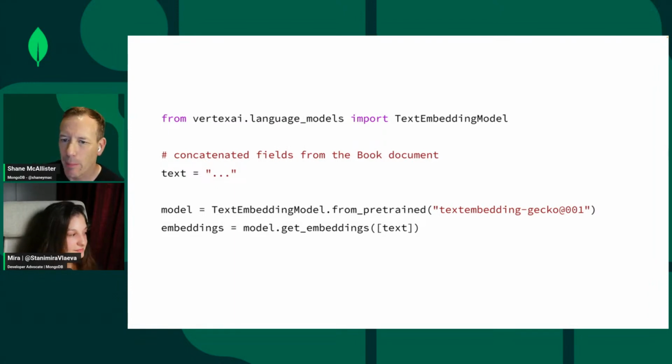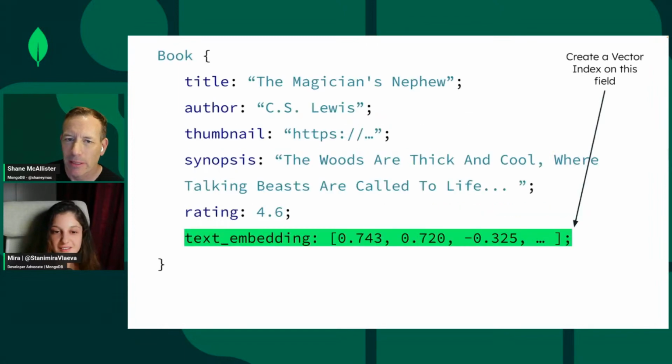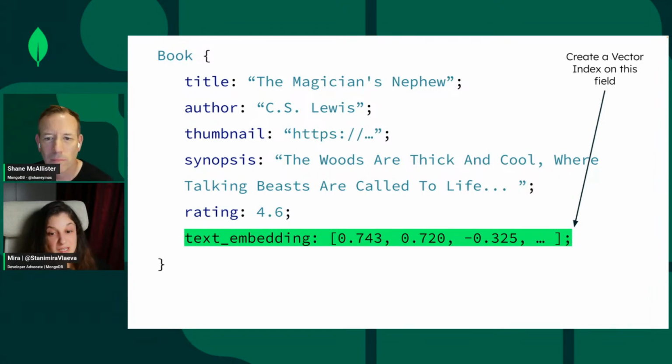So, next step. We generate the vector and then we put it back into our document. As I said, the vectors in MongoDB live right along the rest of the data in your documents. This makes it really easy to manage these vectors. You can regenerate them if some part of the data changes, or extract them to use them in another system.